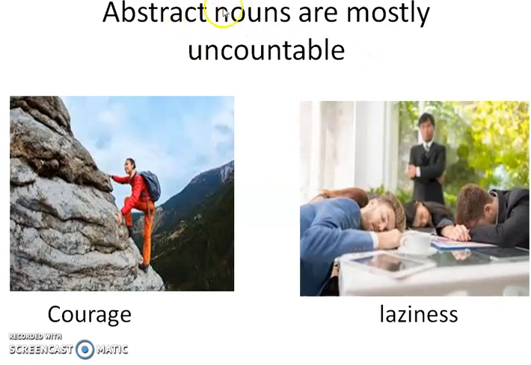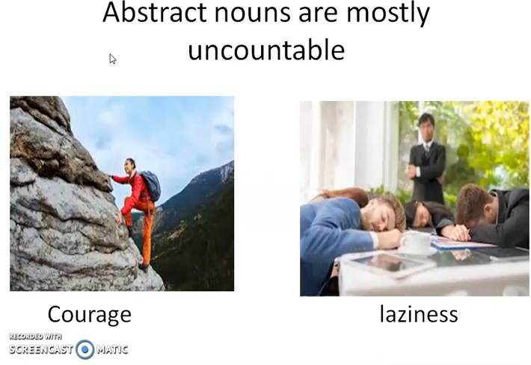Okay. Abstract nouns are mostly uncountable. What are abstract nouns? Abstract nouns are nouns that talk about or describe the feelings, the opinions, the thoughts, etc. So they are not nouns that describe a lot of actions in one sentence.